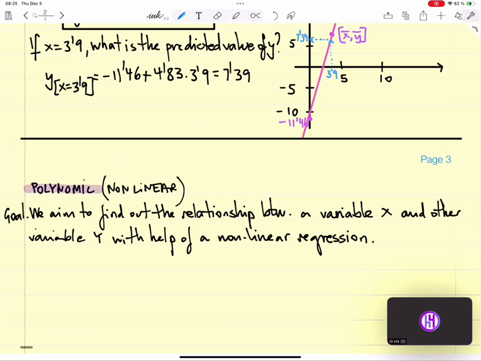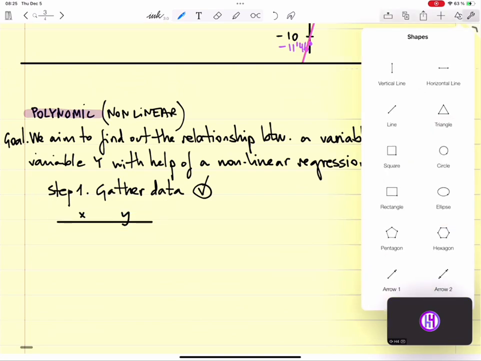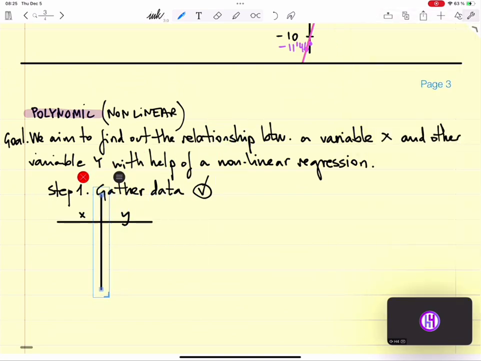And as always, it's best to give you an example. So step one is gather the data. As we have done before, I'll give you some data now. And why do we need a nonlinear regression? Because not always is the relationship between the data linear.